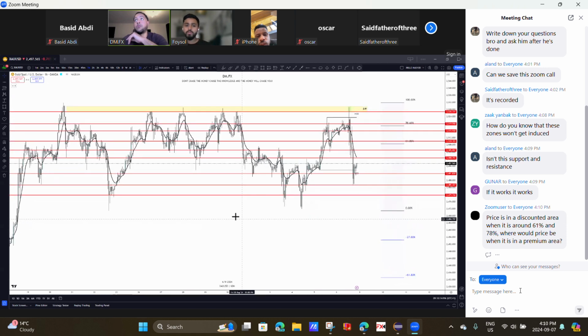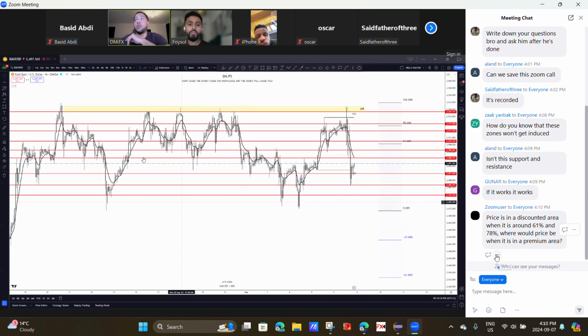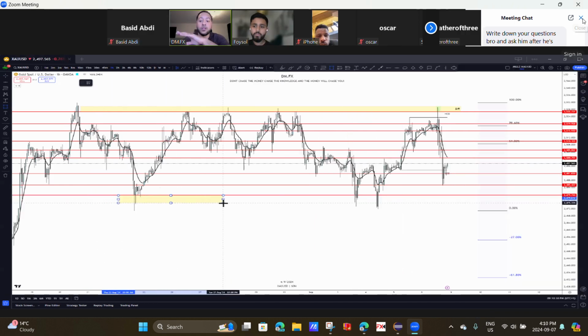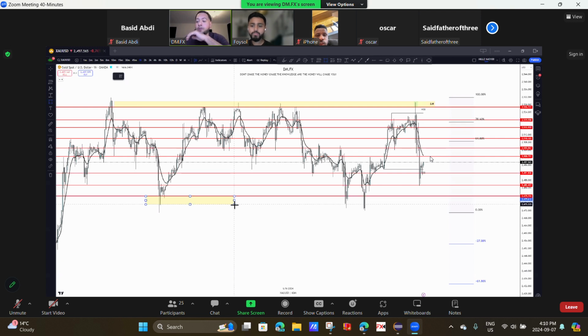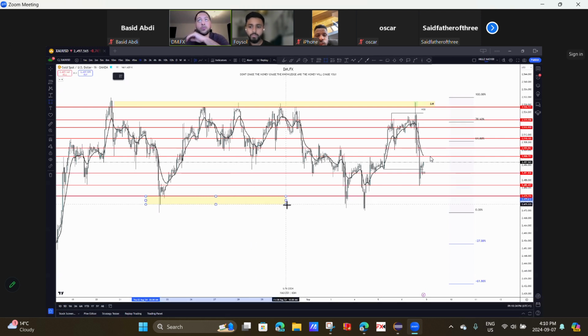Another zone you could draw, where you see it bouncing and being respected, is here. You could draw this out as a zone. This is support and resistance. I'm going through the whole thing: support, resistance, supply and demand, the lot. This is another support and resistance.